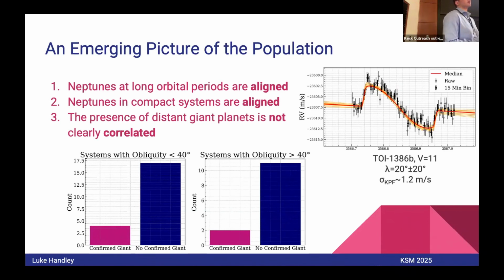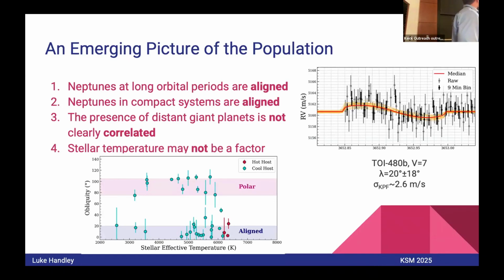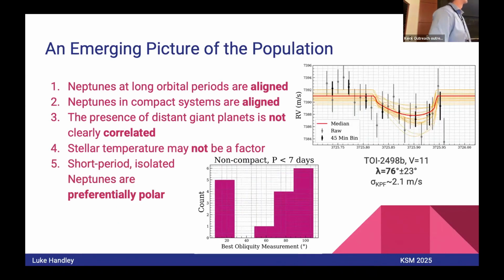But as part of the survey, I'm collecting RVs that will hopefully allow us to make that claim. Fourth, stellar temperature may not be a factor. This makes sense if we interpret the lambda-T effective relationship as being the result of stellar tides, right? Because the planets are so small, we don't think that there should be any realignment going on. But it'll be really interesting. We're trying to push into this regime now to fully explore the hotter hosts as well.